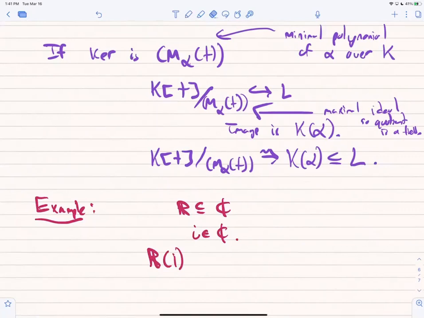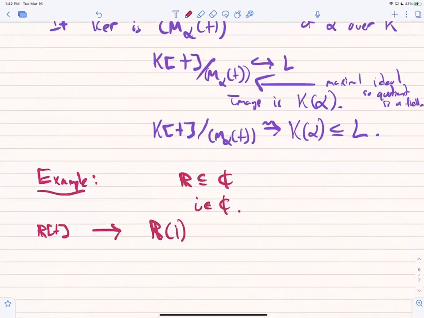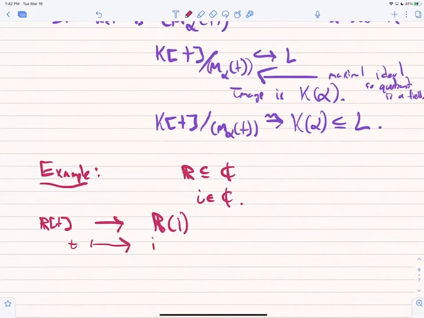I'm going to get a map now from R[T] to C, which sends T to i. And the kernel of this map is the minimal polynomial of i. Well, it's easy to check. The kernel is just the ideal generated by T squared plus 1. This is definitely irreducible over the real numbers because a degree 2 polynomial that always takes positive values has no real roots.